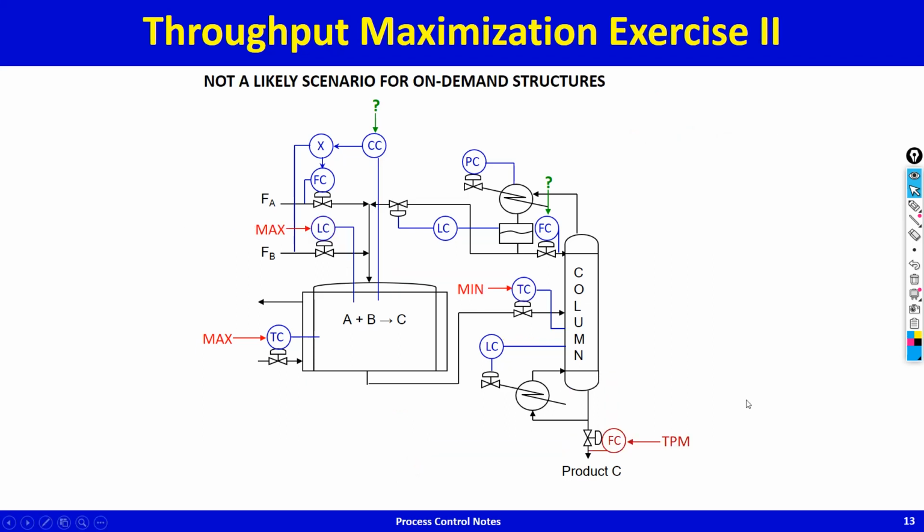If you have on demand structure and the column flooding is your bottleneck, then what you would be doing is this, and here too you will need a backup. Everything else is the same. However, the backup is going to be not very large, because you change the throughput manipulator, you change this flow, the level will change. As soon as the level changes, the level controller will change the steam rate. As soon as the steam rate changes, the boil up changes.